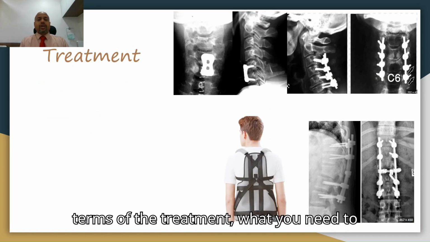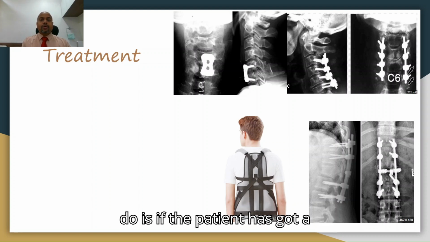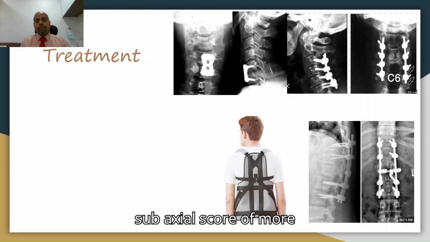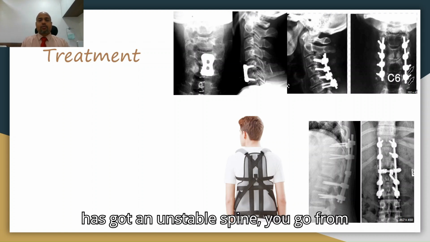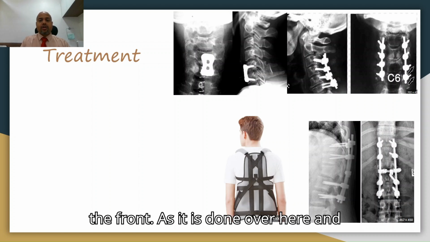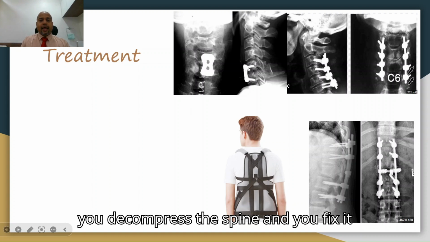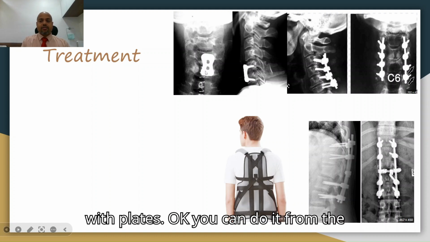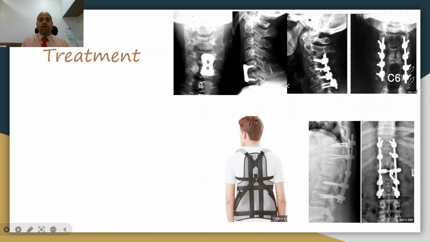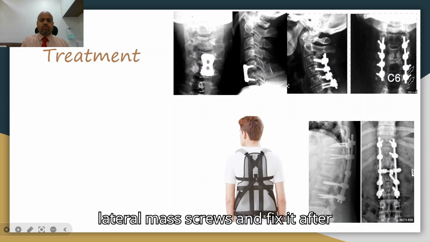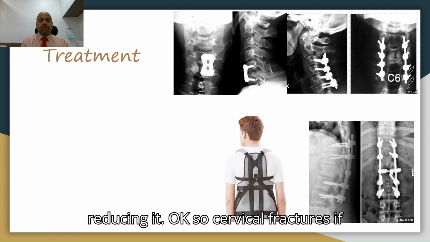Now, in terms of the treatment, if the patient has a subaxial score of more than 5 and you think that the patient has an unstable spine, you go from the front, as it is done over here, and you decompress the spine and fix it with plates. You can do it from the back also, in which you put lateral mass screws and fix it after reducing it.